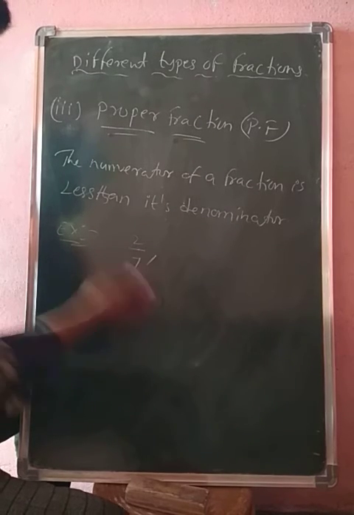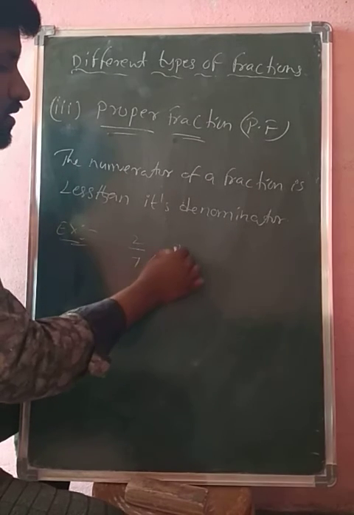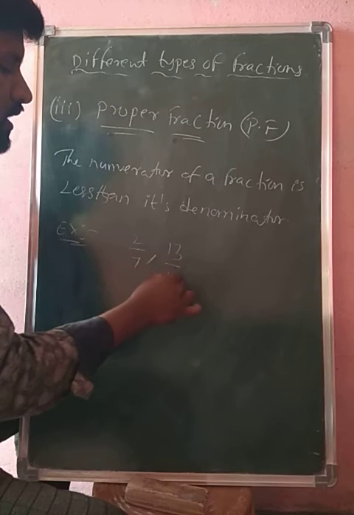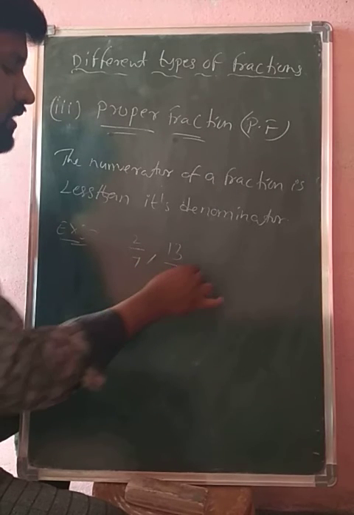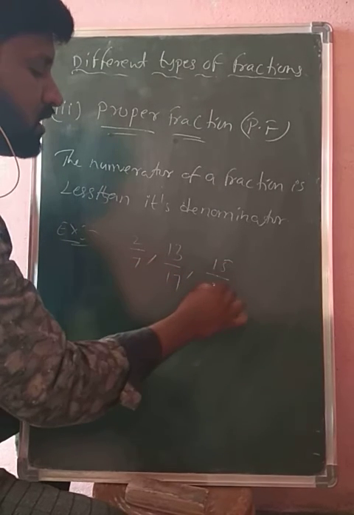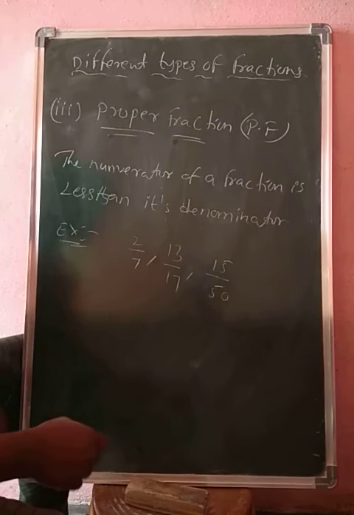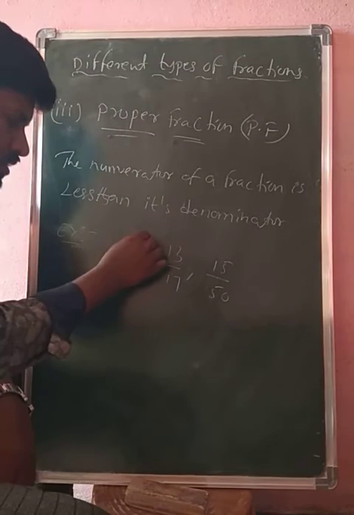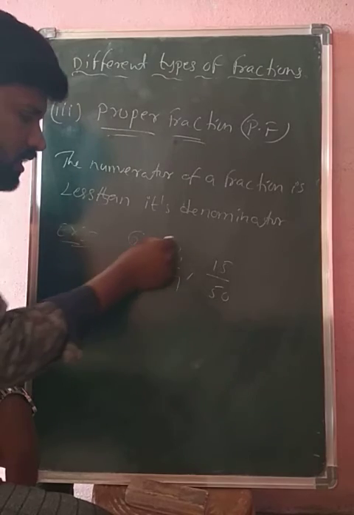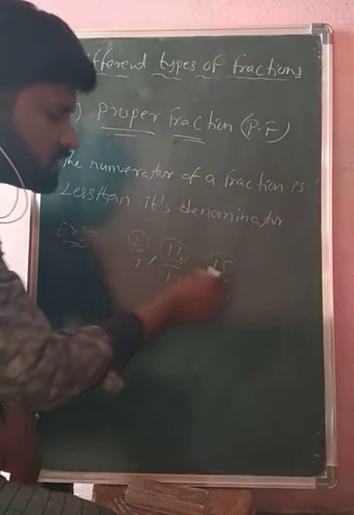Examples: 2/7, 13/17, 15/50. You just observe the fractions. Here 2 is a numerator, 13 is a numerator, 15 is a numerator.